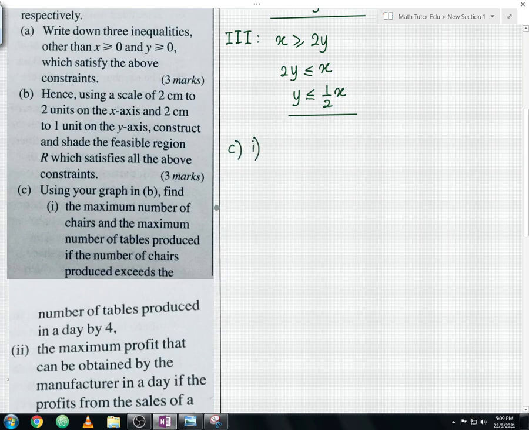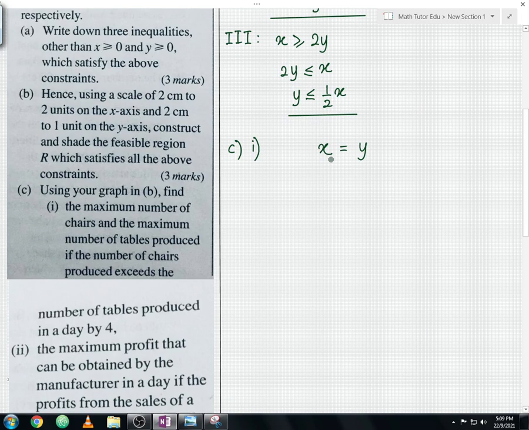It says if the number of chairs produced, you should know that chair is actually x, exceeds the number of tables. Tables is actually representing y. Take a look at the keyword here: exceeds, so it should be more.